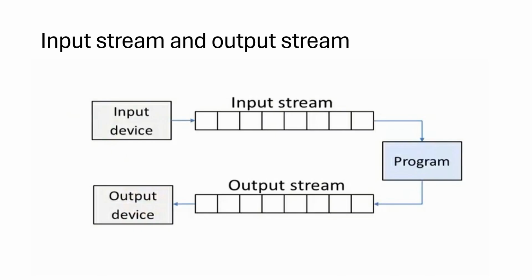Next, about input stream and output stream. Stream means a sequence of bytes. See the diagram, how the input stream works. The input device, the keyboard, uses the input stream as an interface.